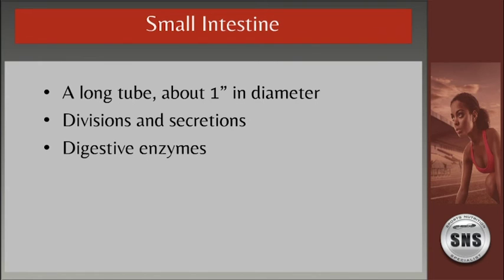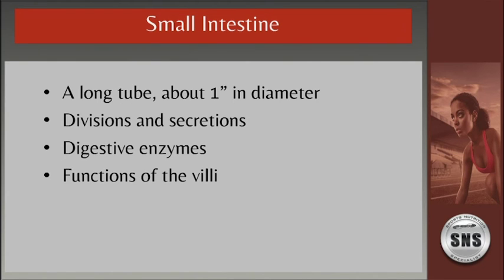Some other intestinal enzymes include maltase, which will digest maltose into glucose, sucrase, which will digest sucrose into glucose and fructose, and lactase, which digests lactose into glucose and galactose, along with several other enzymes working together in the small intestine. And these digestive enzymes are embedded in the surfaces of microvilli. They act to split molecules of sugars, proteins, and fats that we consume.